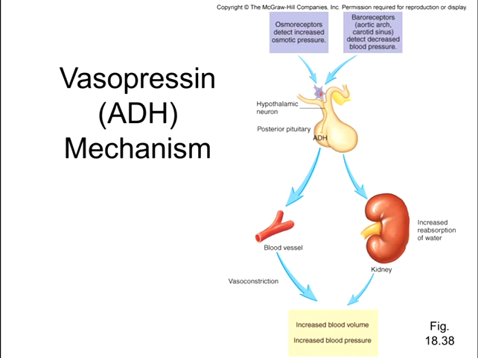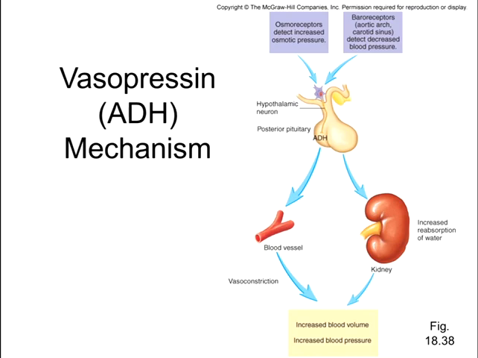You have central, also known as neurogenic, neuro referring to the brain, and then you have nephrogenic, or peripheral, nephron-based diabetes insipidus.